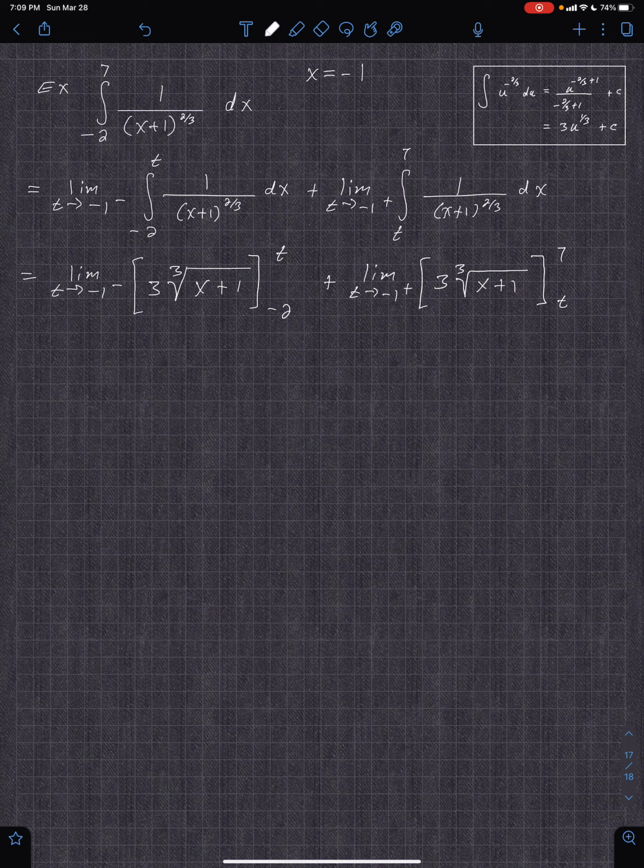Okay, so this is equal to the limit as t approaches -1 of 3 cube root of t plus 1, minus 3 cube root of, that's a cube root, be careful, it's 3 times that cube root, of -2 plus 1, which is -1.